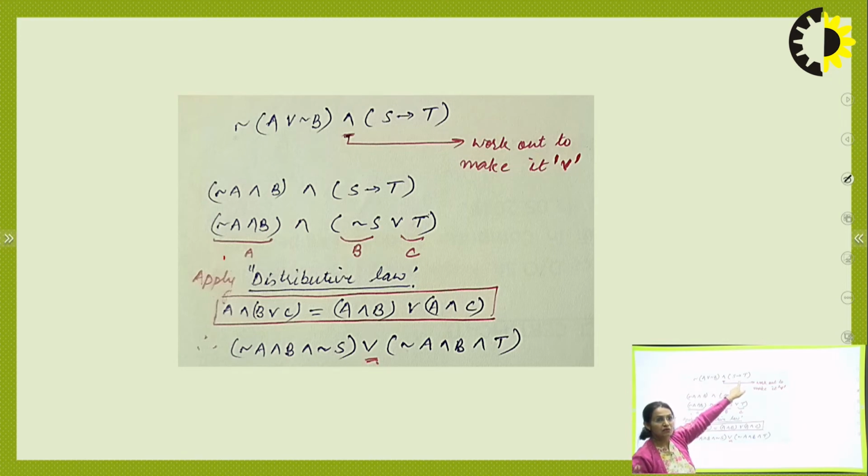Similarly, the implication symbol is resolved with the help of that formula. Now again the operator in between is AND, so in this case I have to apply the distributive law. I'll take this as A and B, C. So this formula will be taken into consideration, and finally my goal is achieved, and in between I'm getting an OR operator. That means I have achieved the DNF form. So this is how CNF and DNF statements are converted.